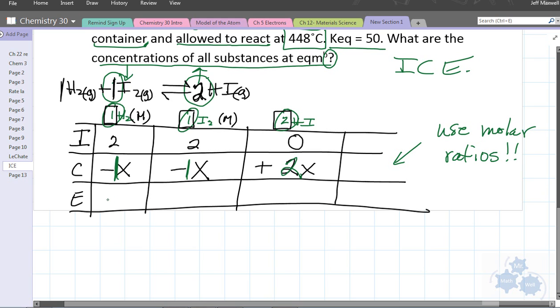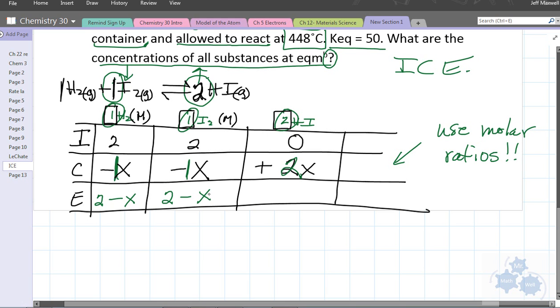So equilibrium, now we write an expression for what the concentrations would be at equilibrium. Remember, we don't know how much it's changed yet. For this type of question, we don't know how much it's changed, but we know that we started at 2 and it's gone down by X amount. See that? So we write the equilibrium concentration expression. So this is also 2, and how did it change?